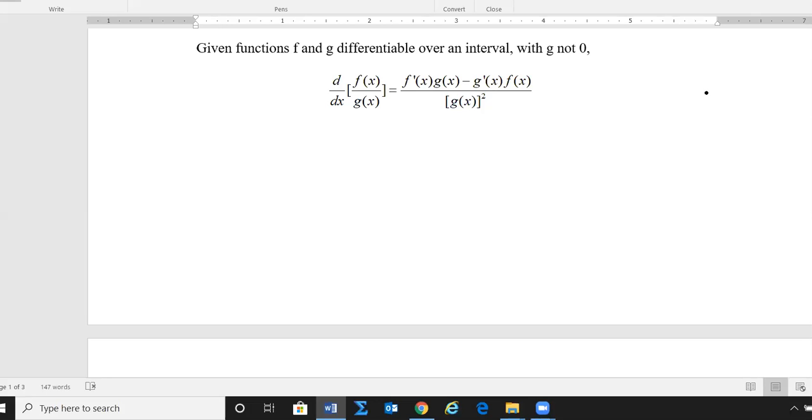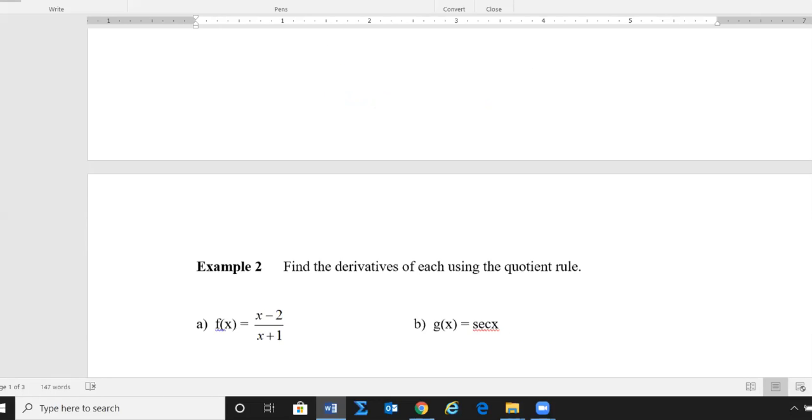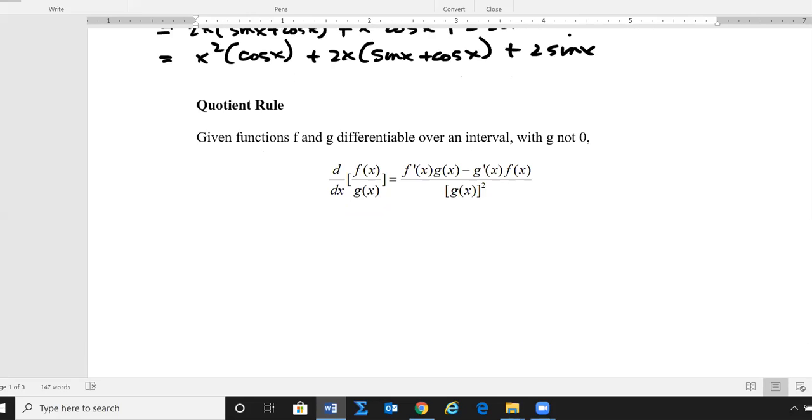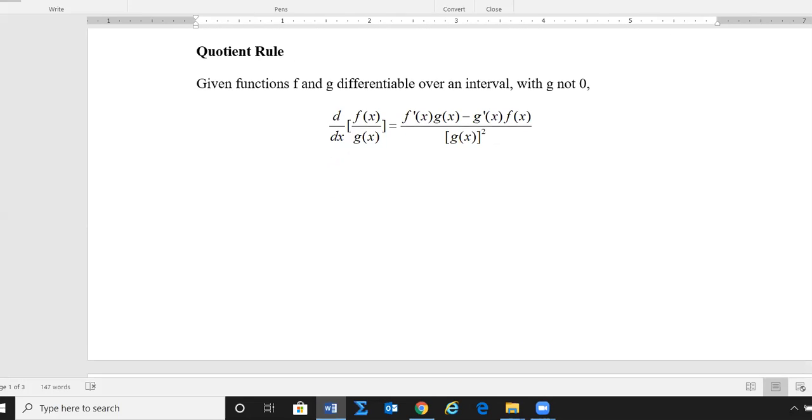All right, here we are, and we're going to take a look at the next example, 2. And in order to do that, we need a new rule, the quotient rule. Why do we need this? Well, what if you have a function like this? Sine of x over, let's say, maybe the cotangent of x.